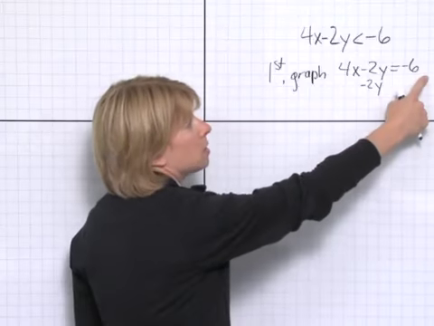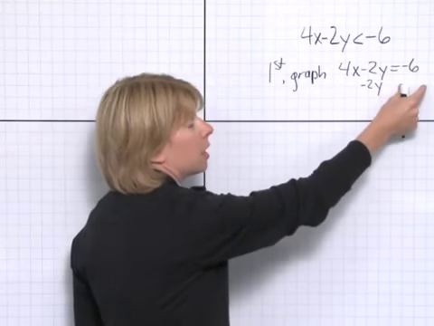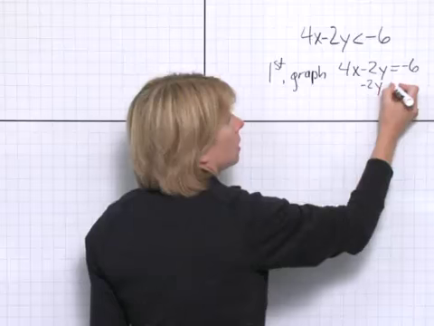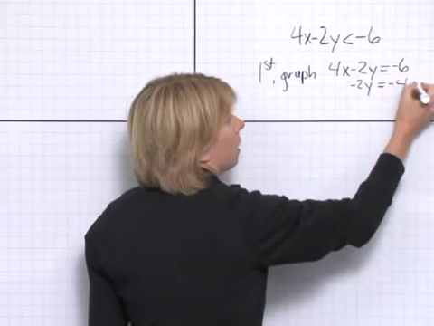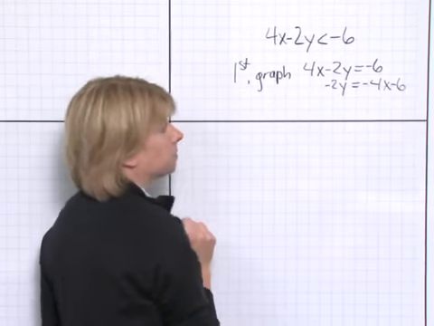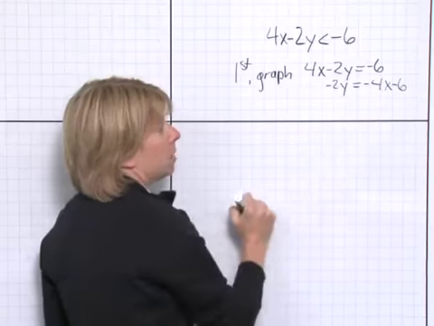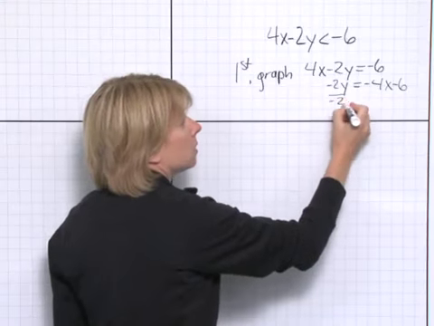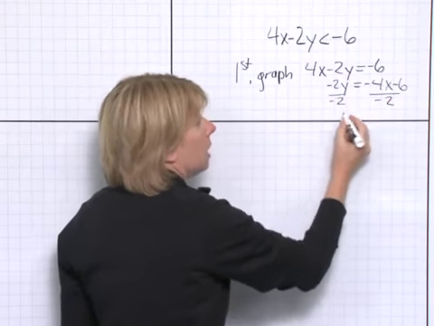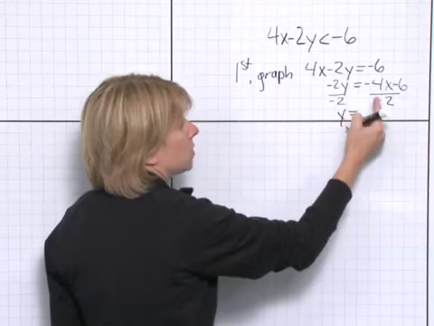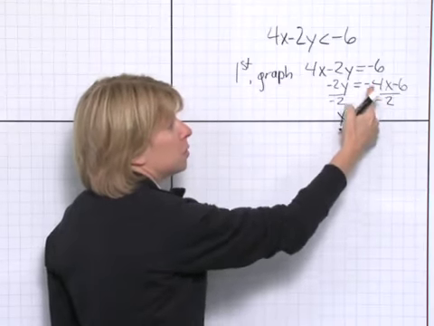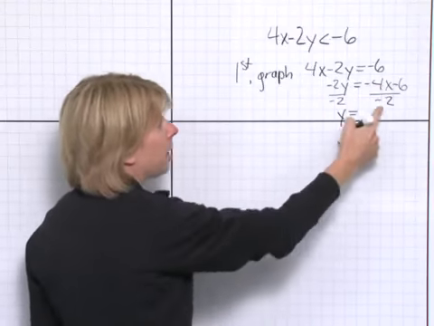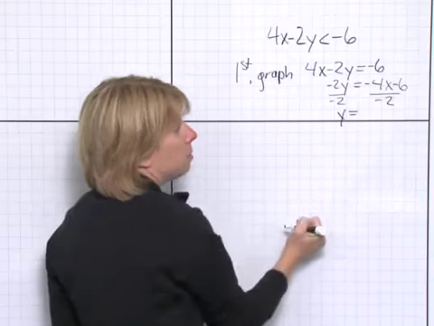When I subtract it on the right side, I'm going to write the -4x first, and then the -6. And then dividing both sides by -2, I get y equals, dividing the -2 into both terms on top, I have 2x plus 3.